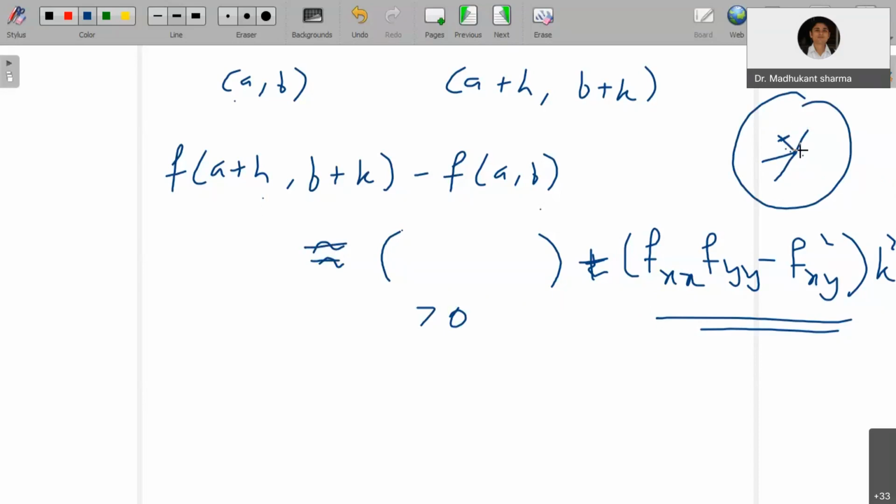You are looking at whether it lies above or below. So you are looking at the difference of these two values. If it is greater than 0, f of a plus h, b plus k lies above f of a, b. If it is less than 0, it lies below. It is only a one-way possibility whenever you have greater than 0 here.